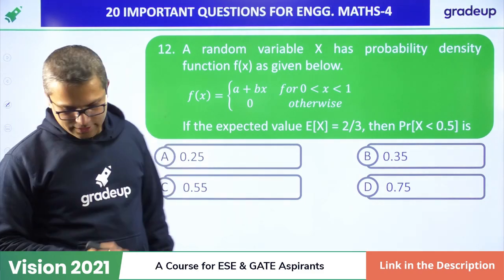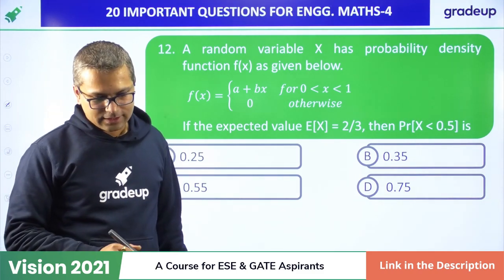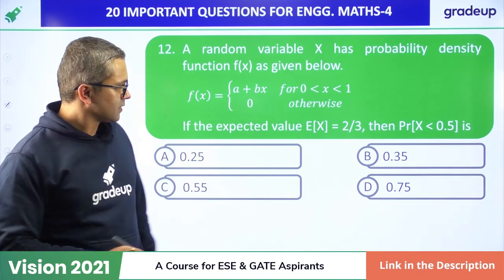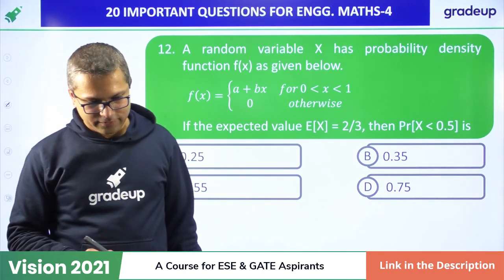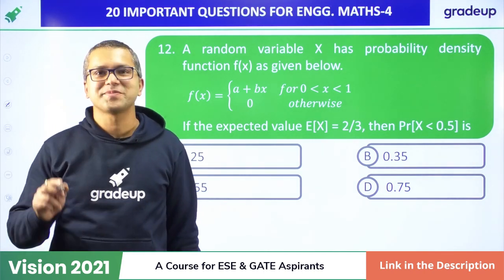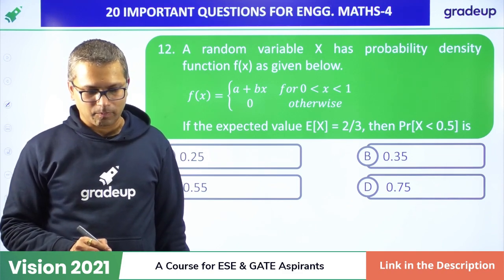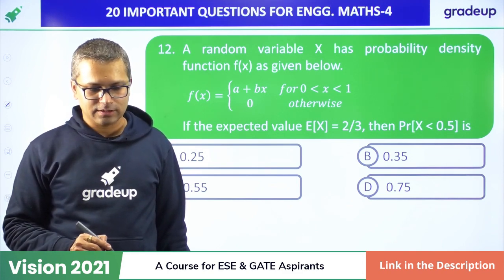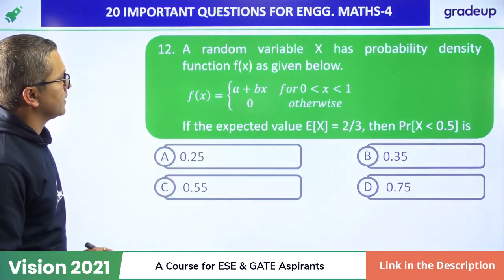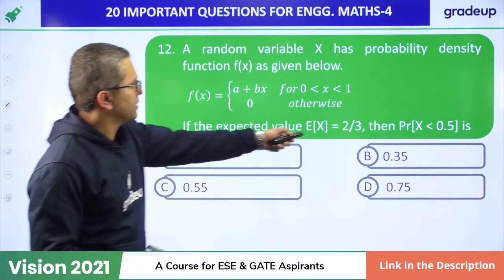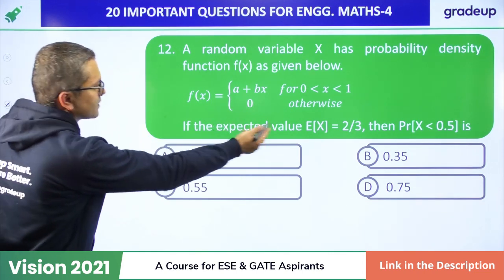A, okay, fine. Sai Surya says it should be 0.5. Sandeep Kumar says A. Satyakant says A. So what is given is that the expected value of x is 2/3.